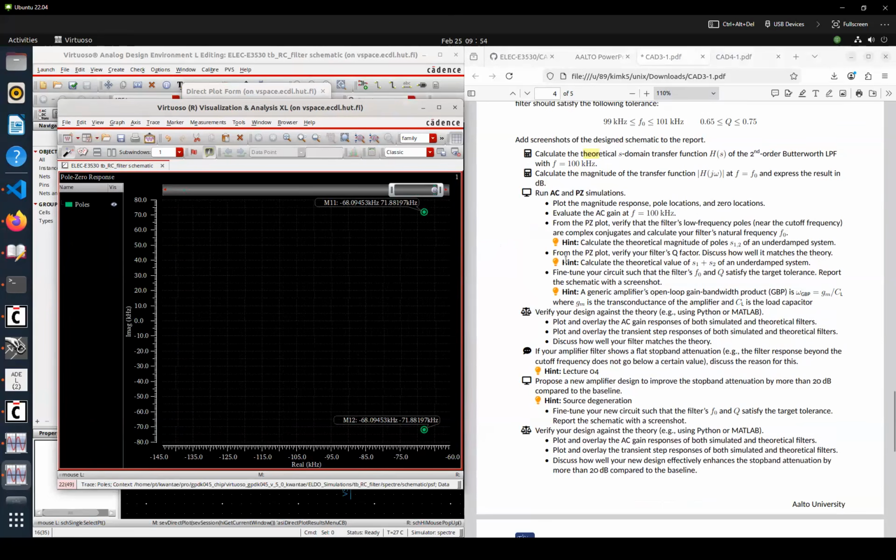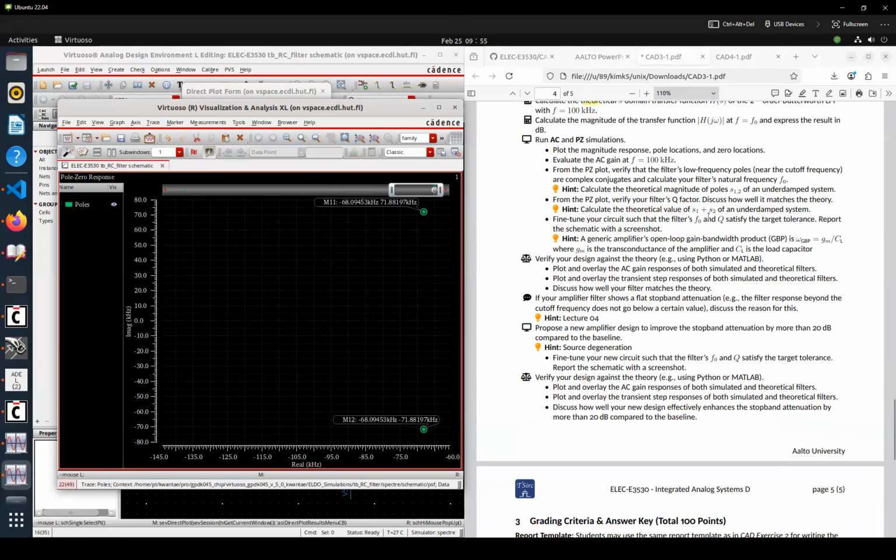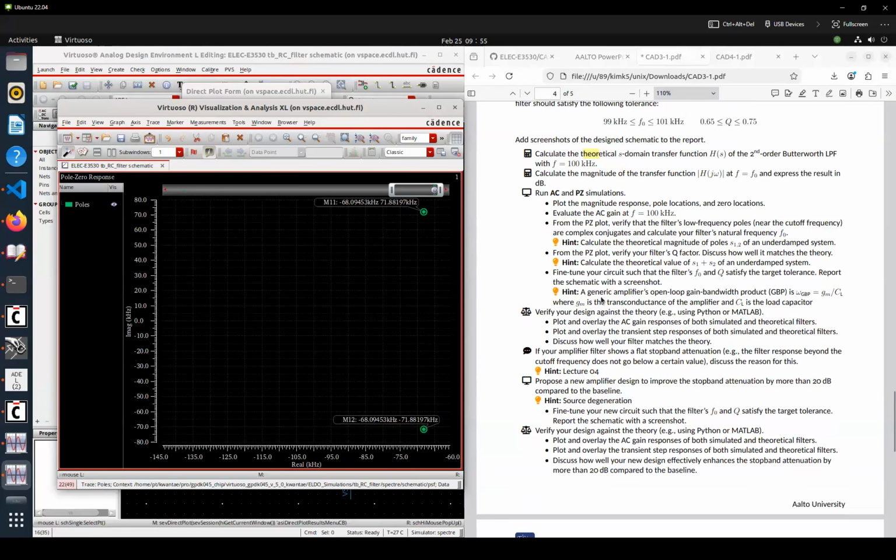And from the PZ plot, verify your filter's Q factor. You can do it manually by calculating S1 plus S2, which goes to only the real part of the pole. But I'm just calculating Q factor using a calculator. And fine-tune your circuit such that the filter's F0 and Q satisfy the target tolerance. We already did, right? So verify your design against the theory using Python or MATLAB. Plot and overlay AC gain and the transient step response.